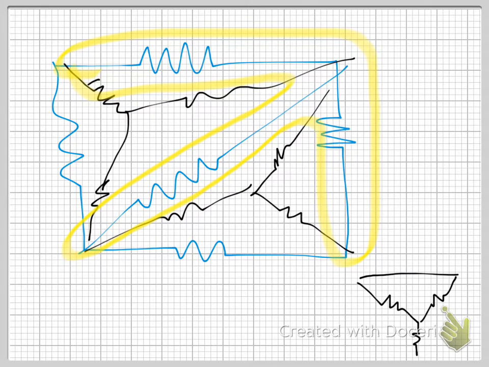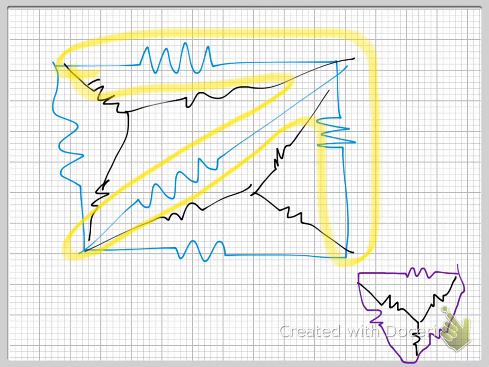That is your Y. And transforming a Y to a delta would be in purple. Here, here, here, right?